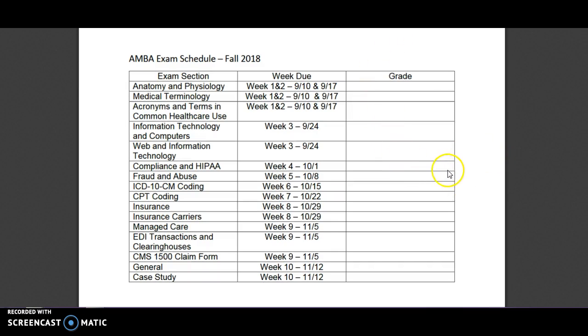The exam schedule is our guide for you to complete the AMBA exams, and I'm going to follow up with you to find out if you've been able to log into that site and look around and see if you've had any problems with that.